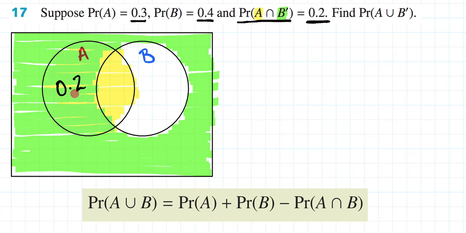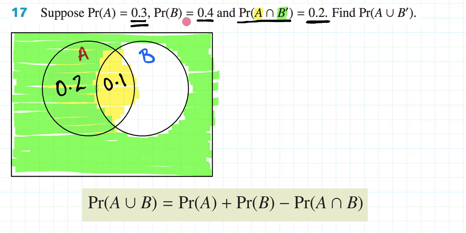And this is an important point: I'm putting in the probability values of each section here. Normally you put in the elements, but I'm putting in the probabilities. Now I know that the entirety of the probability of A is 0.3, so the intersection point must be 0.1, because 0.1 plus 0.2 is 0.3.